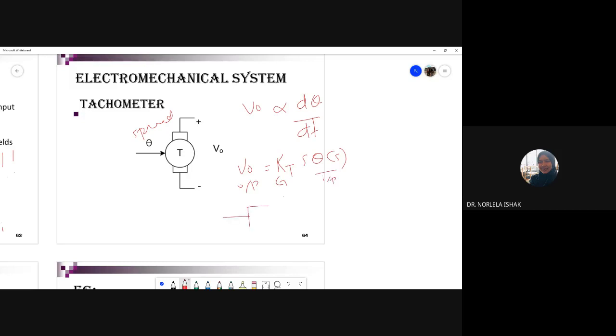Let's draw the block diagram. The input is the angular speed and the output is V naught.